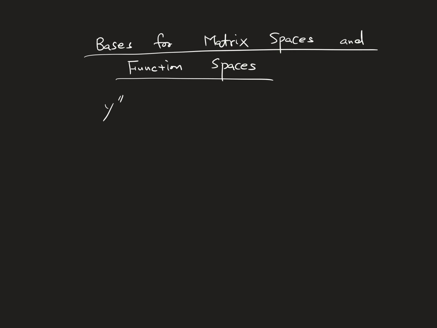The first example is about function space. y double prime is equal to y, and we plug in y equal to e to the lambda x, because we guess that after differentiation the form of the function doesn't change, so we can expect the solution to be an exponential function.